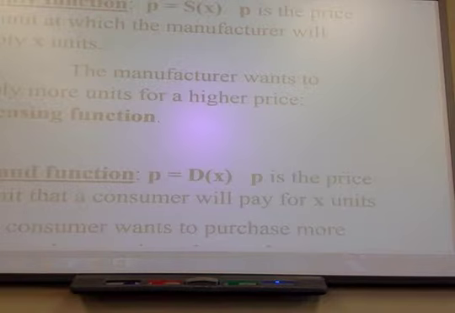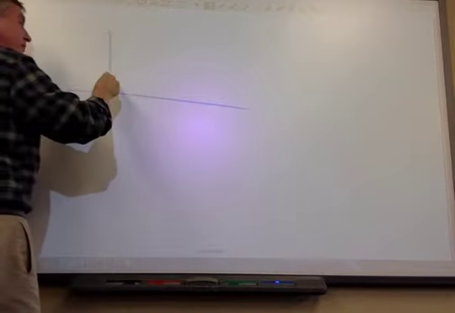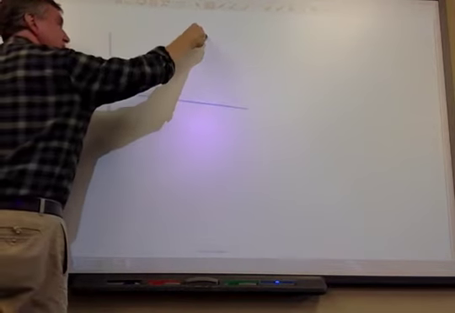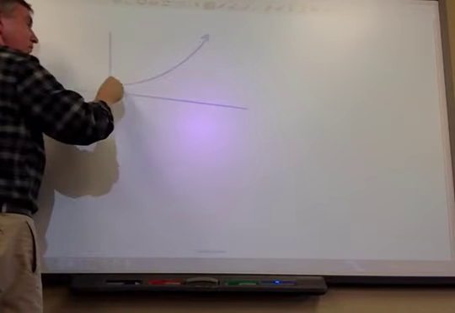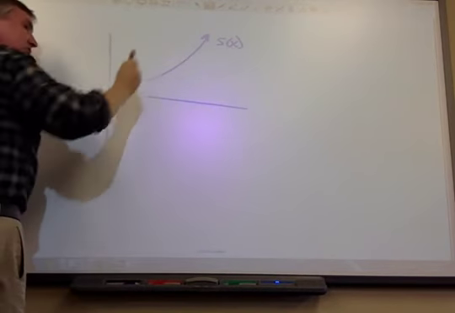So you might see it look something like this. The supply function, if I were to draw one. What if the supply function looks something like this? S of x. An increasing function.